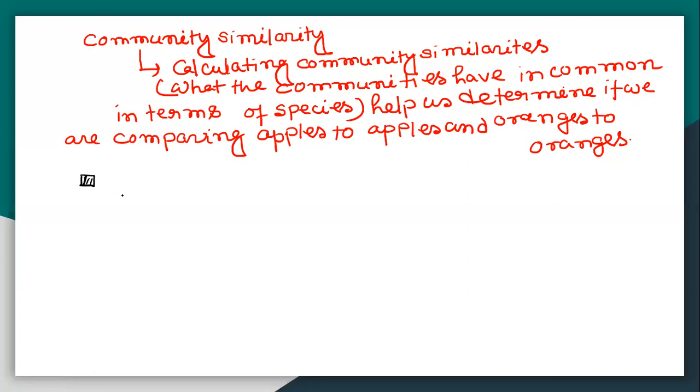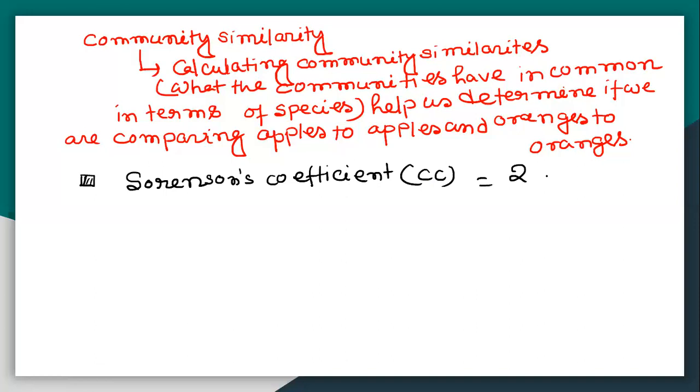The Sorensen coefficient, or CC, is equal to 2C by S1 plus S2. What is 2C? 2C by S1 plus S2.